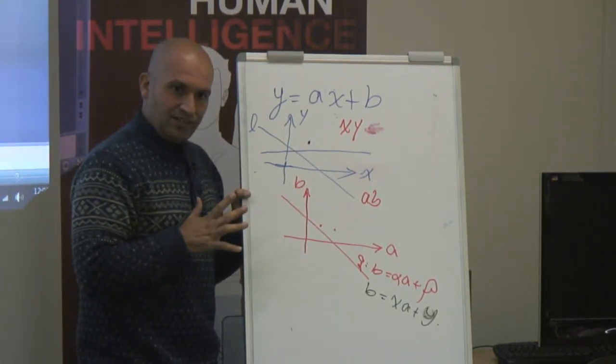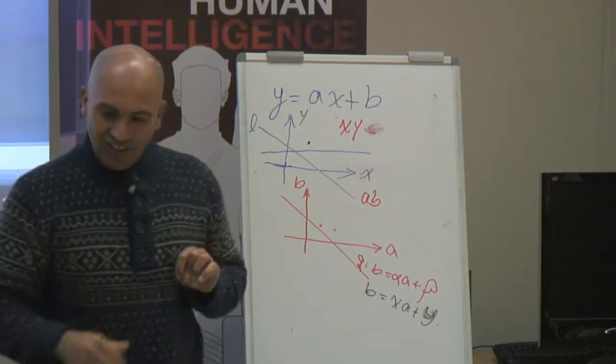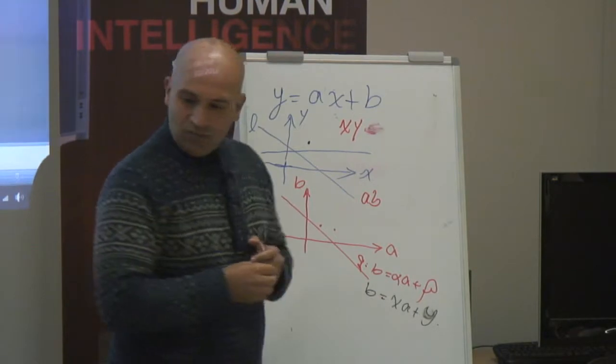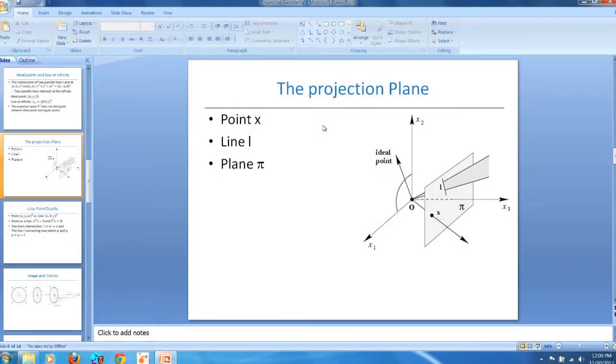Is that clear? Now let us go to the dual space. But before that, we learned that we have a point X in the projective plane, a line L which is the intersection of 2 points, and a plane pi which is the intersection of 3 points, or a line and a point.